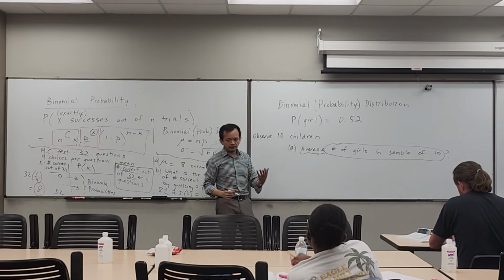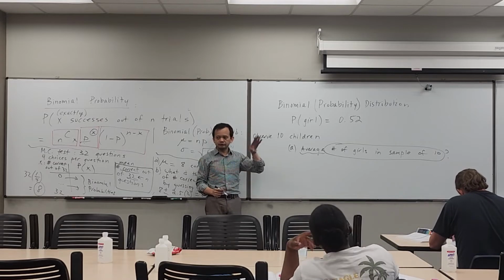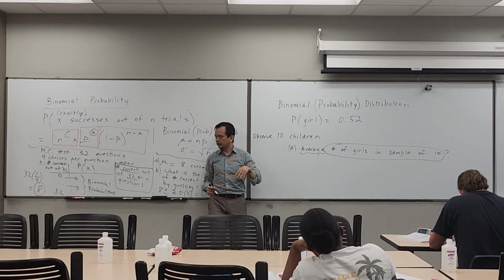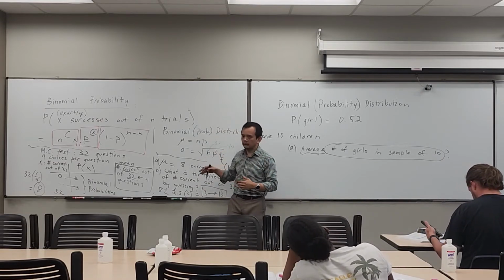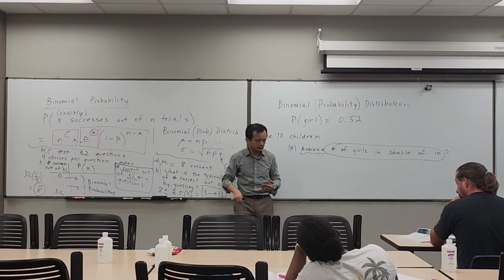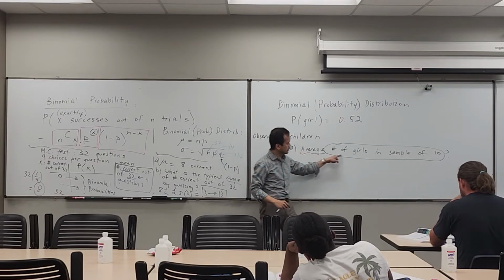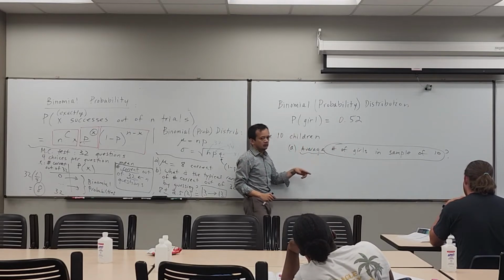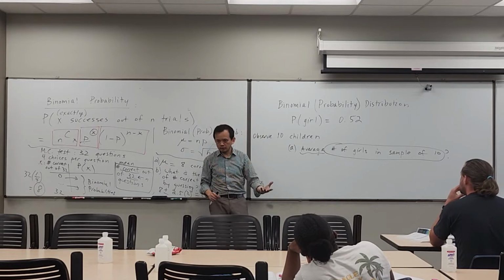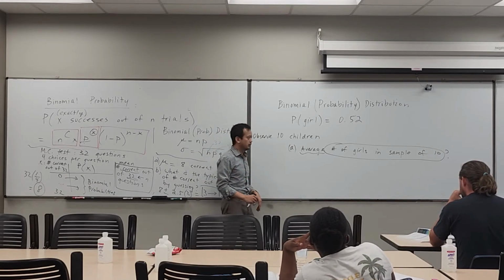So that thing that you're trying to find the average for, we talked about how to find the average value of a variable in a general probability distribution, as well as the average in a specific binomial probability distribution. So the first thing you have to decide is whether this x variable, the number of girls in a sample of 10, is just any arbitrary probability distribution, or is it specifically a binomial probability distribution?